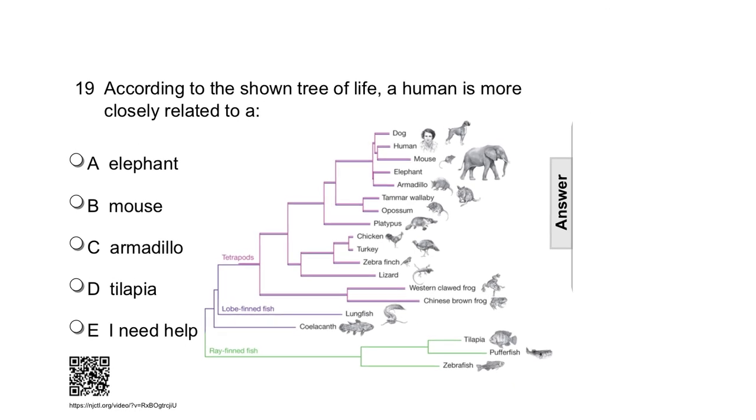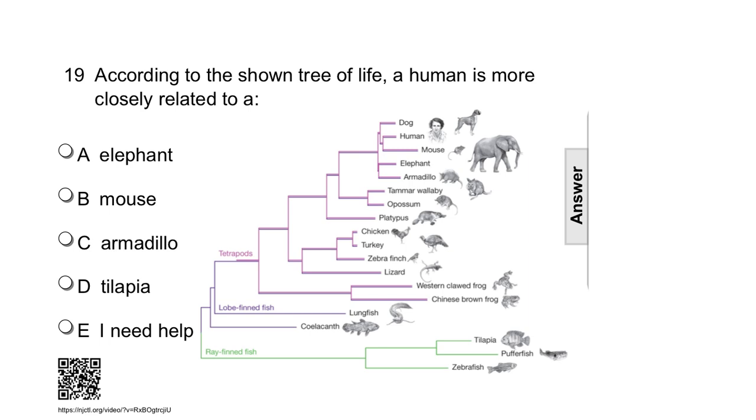According to this tree of life, I call a phylogenetic tree, a human is more closely related to which one? Okay, here's the human. And elephants right here. Mouse, we already showed the mouse. Armadillos way, I don't know, right there. Okay, so all you do is go back and see who has the newest common ancestor to us on this tree.